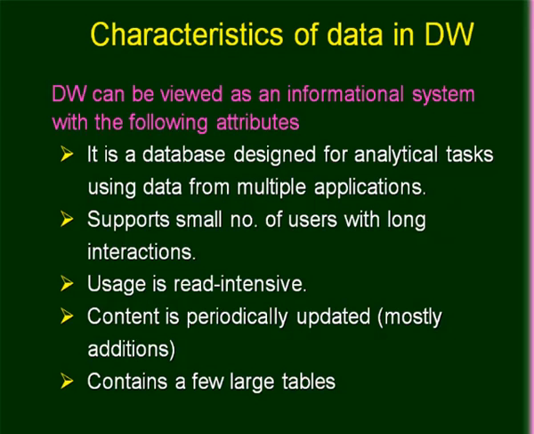Usage wise, it is read intensive. Read intensive means no changes, right? Only reading of the data. Content is updated periodically. Updated means it is not just changing the value, you are only adding data. So in that sense, content is periodically updated. It contains a few large tables. The data cardinality is very large, but the number of tables is very small.